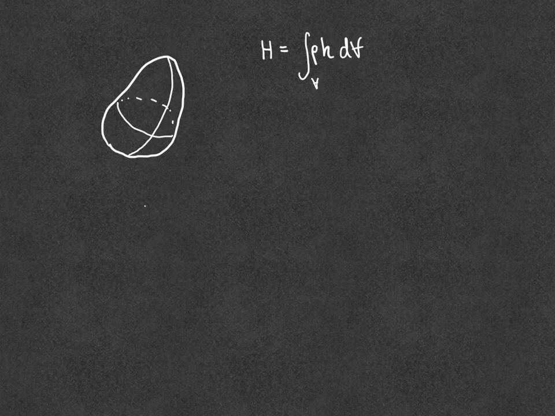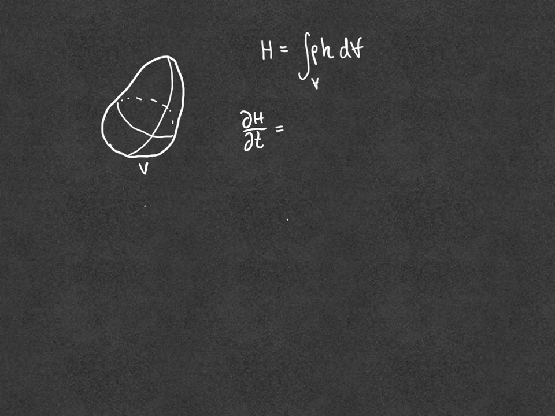Now we know that we have enthalpy enclosed within a volume V, and it can stay like that forever. If it stays like that forever, it means that dH/dt is going to be 0. So there is no change of enthalpy within the volume.